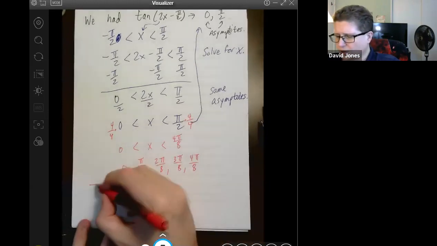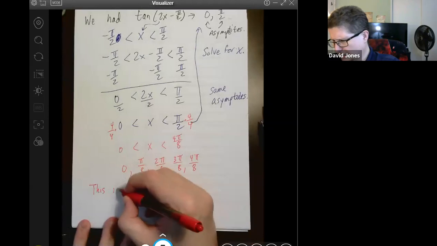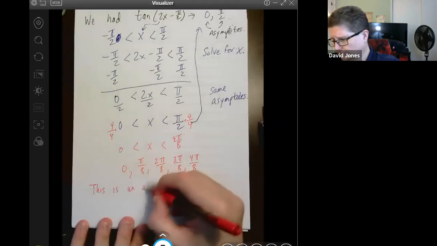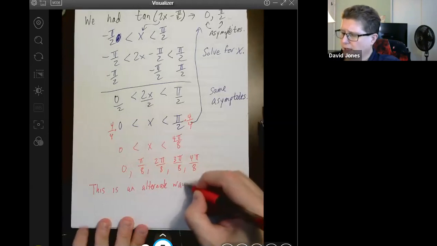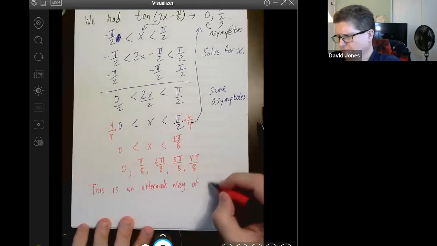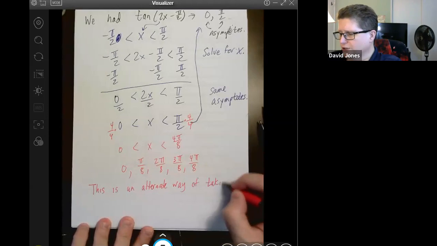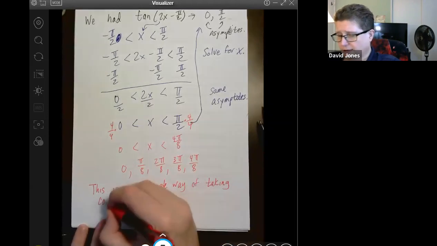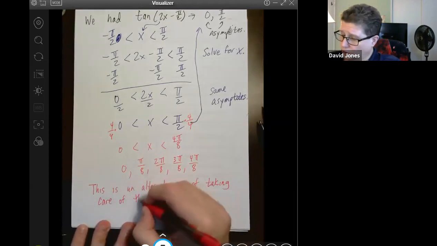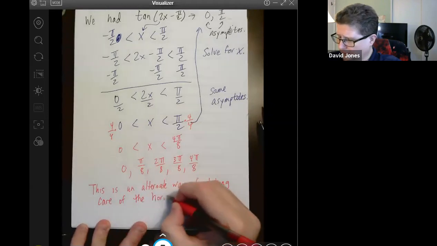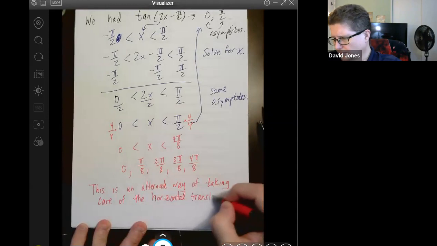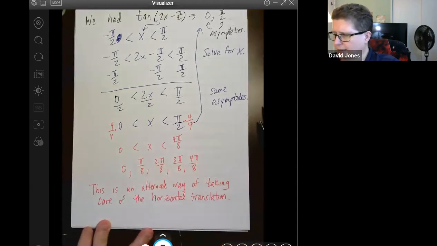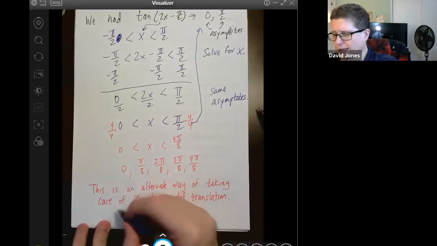This is an alternate way of taking care of the horizontal shift, or horizontal translation. And it works on sine and cosine as well.